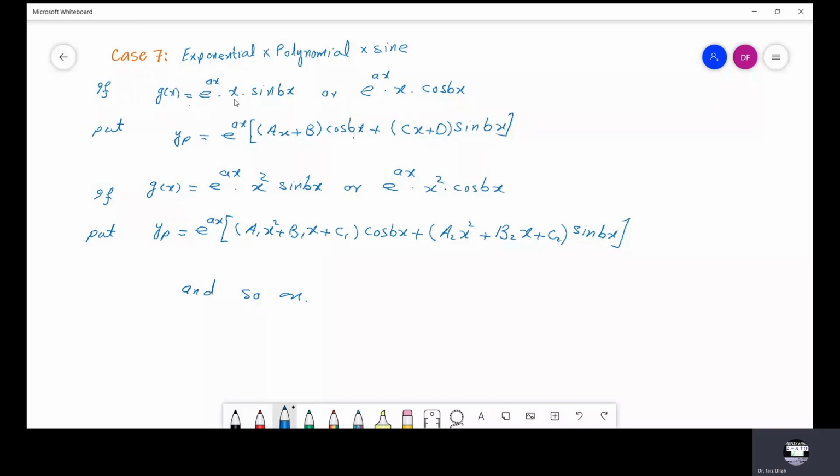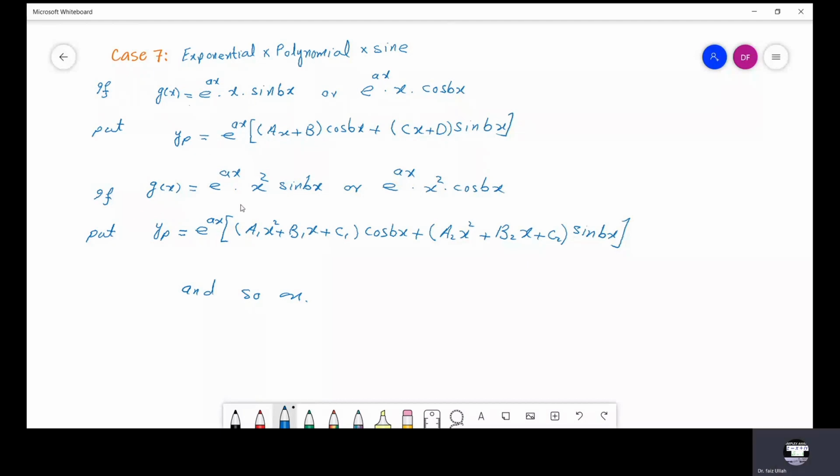Here by x we mean any first degree polynomial. So it may be 2x, 3x, 4x, or x plus 1, x plus 2. So if it is any first degree polynomial, we shall use that substitution.